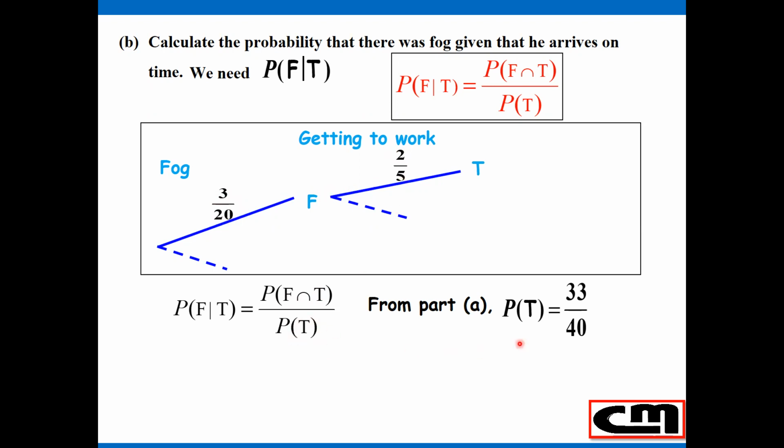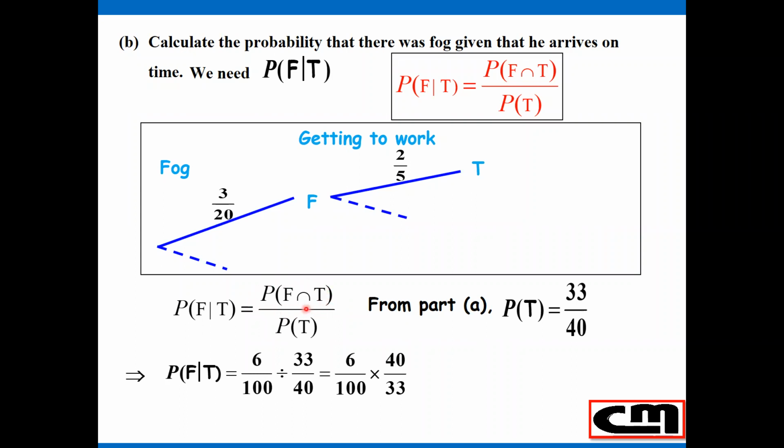The probability of T from A, we got it as 33 over 40, right? So now when we substitute, remember this is a fraction and the bar represents division, but we have the proper division sign. So to avoid confusion, simply substitute this bar by the division sign.